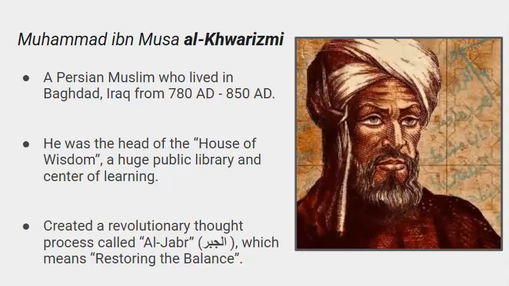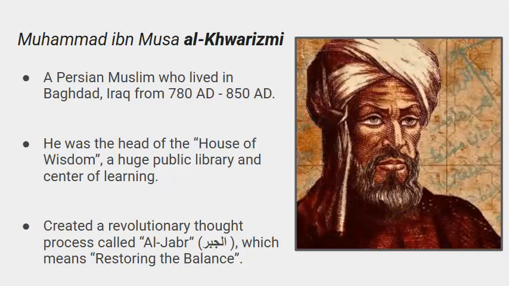All of these processes are called algebra, and I want to kind of give a history of what algebra is. Algebra was invented in the late 8th century by a Persian Muslim man named Muhammad ibn Musa al-Khwarizmi. He lived in Iraq. He was the head of this big public library called the House of Wisdom. It was a center of learning. And he did these mind exercises of figuring out mystery numbers using a process that he called Algebra.